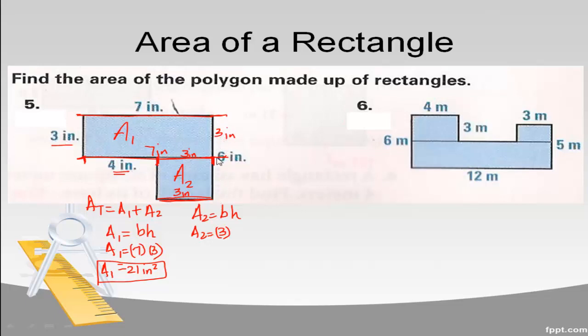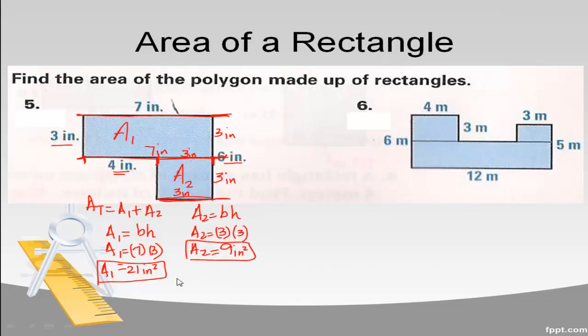So if the whole thing was 6 inches, like it's stated in the figure, the whole thing from here all the way up here is 6. And I know that from here to here it's 3, then this piece must be 3 inches, because 3 and 3 makes 6. And there I have the base and the height, which is 3 times 3. So area 2 is 9 square inches.